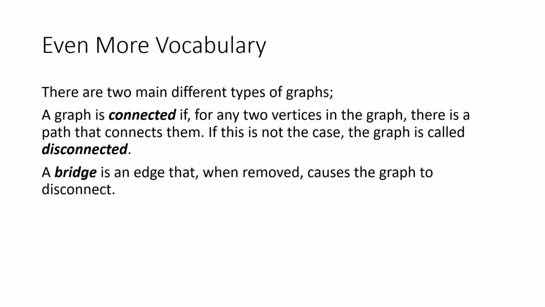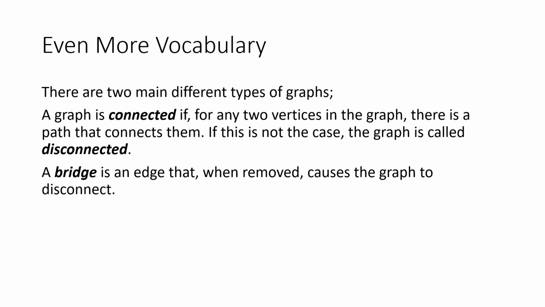Now, a couple more words. I know these are easy words to understand, though. We have connected, we have disconnected, and then we have something called a bridge, which is going to come up later. Connected and disconnected are really easy to understand. We consider a graph connected if between any two vertices, so if you start from anywhere and end on anywhere, you can do that move, okay?